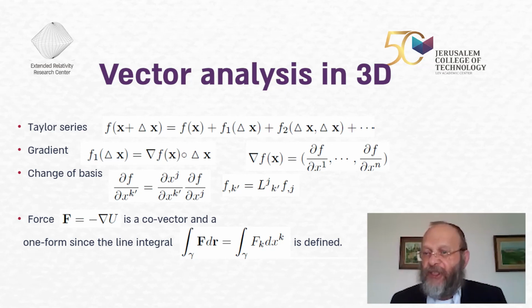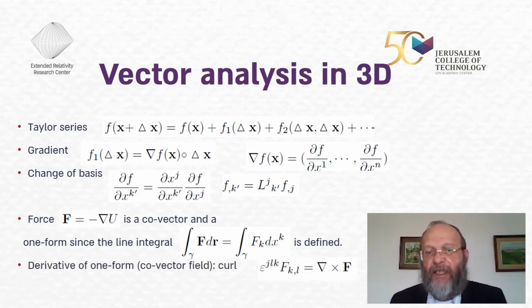Now, how do we differentiate them? A one-form can have only one derivative, and the derivative of a covector is the curl. How is it defined? Here's the definition. You had F with a lower index. When you differentiate, you get another lower index. And you want to get a vector. How do you get a vector? You contract it with the Levi-Civita symbol with upper indices.